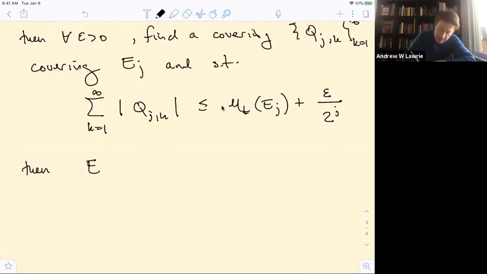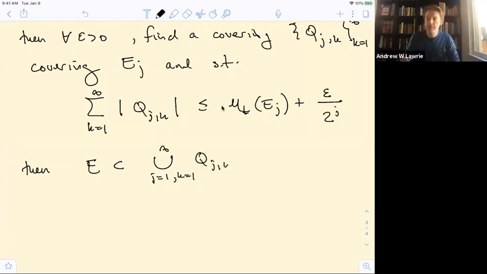E sits inside of this double sum, from j equals 1, k equals 1 to infinity, of the QJKs.